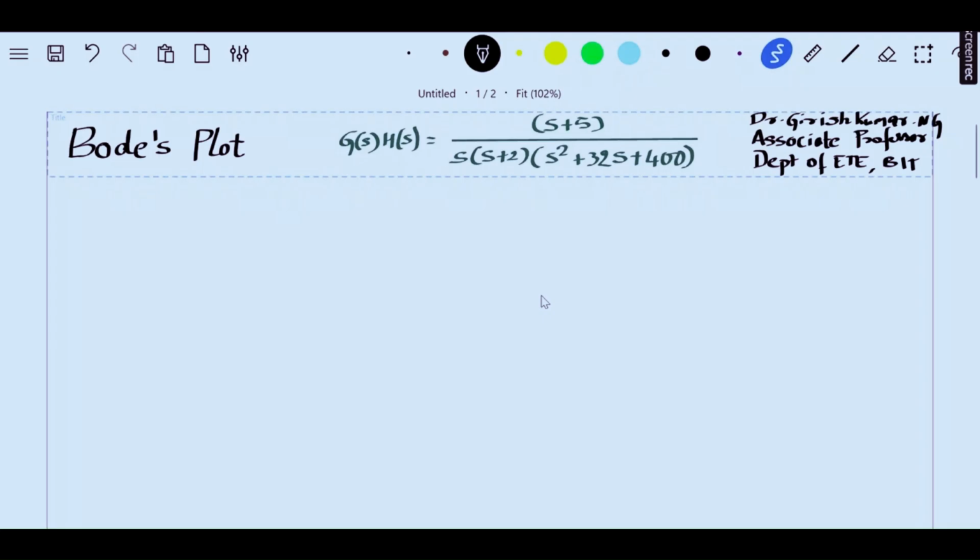I just wanted to add a gain here, so let me consider a gain of 50 in this particular problem. The first step we saw in the previous video, so let me not go step by step through what I did there, since a detailed explanation was given in the previous video.